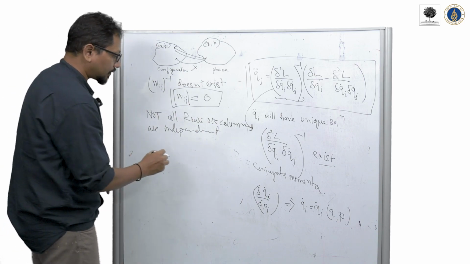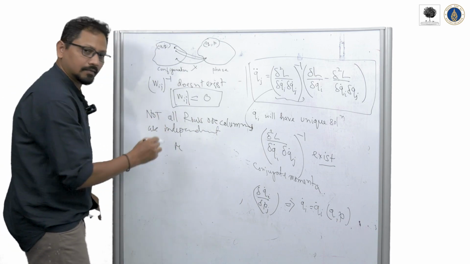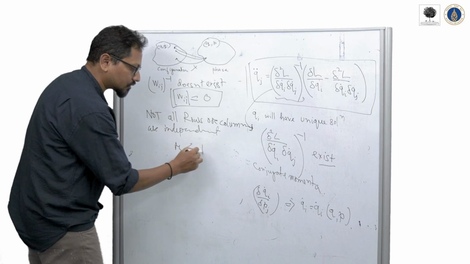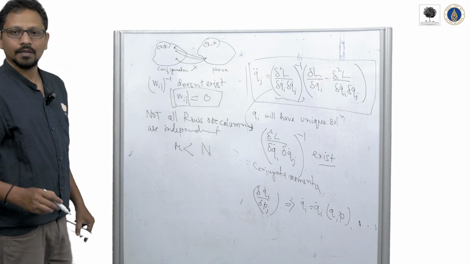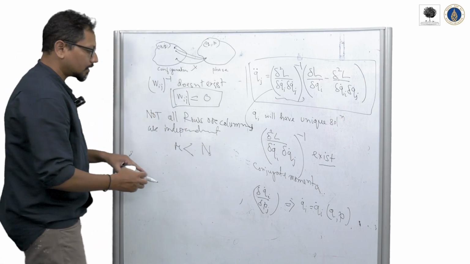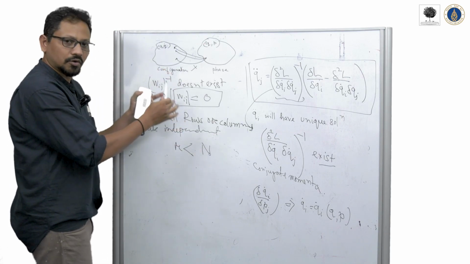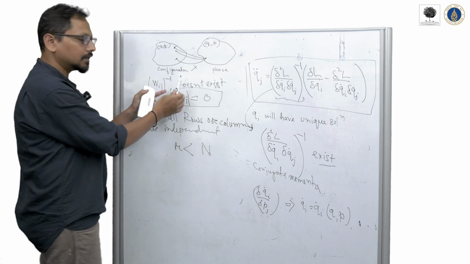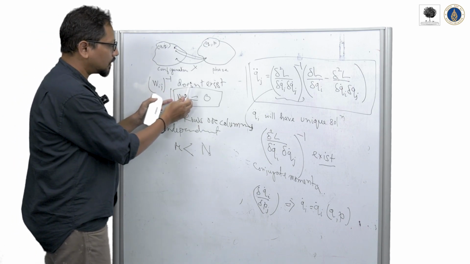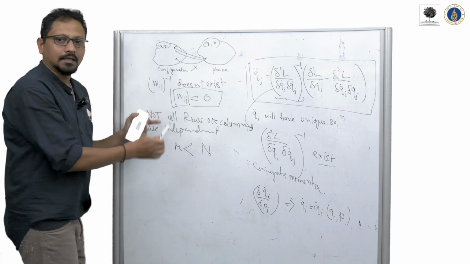That means the rank of the matrix is less than the dimension of the matrix, meaning that there are fewer independent rows or columns present in the matrix than it appears.